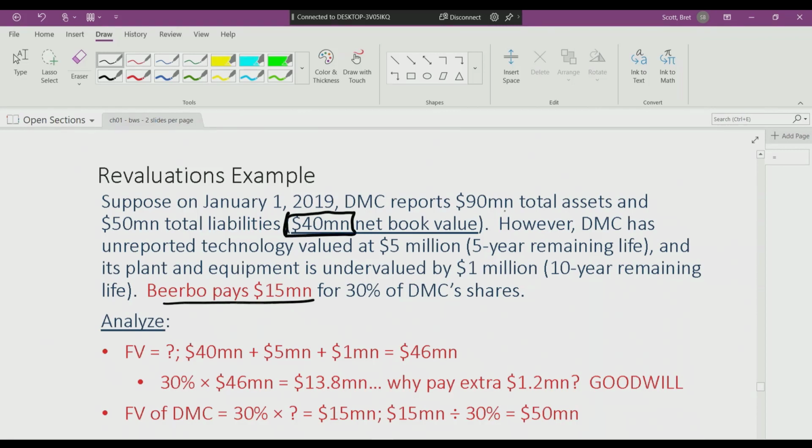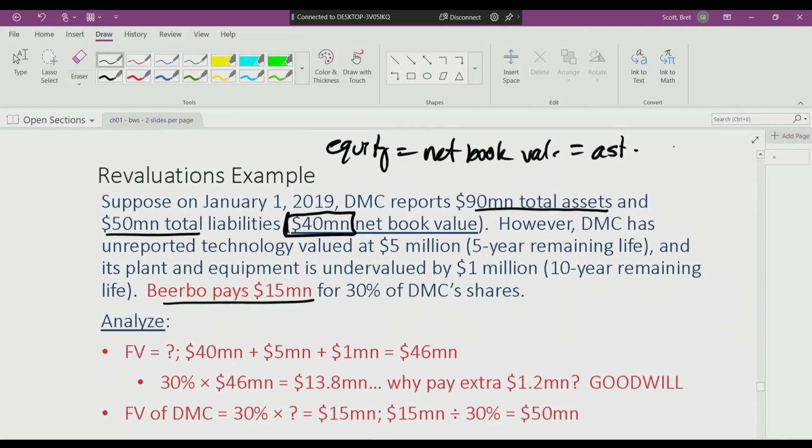In other words, total assets of $90 million, subtract off $50 million total liabilities, the book value of equity is $40 million. Write this down. Equity equals net book value of the company, which equals assets minus liabilities. That's the equity of the business.